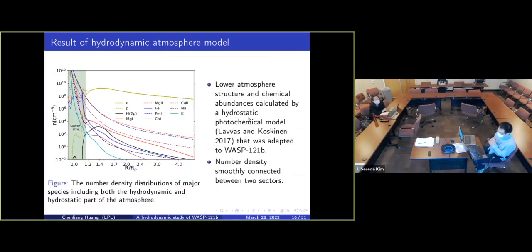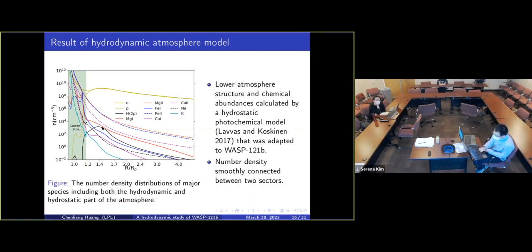Okay, we have the number densities of several important species. And now we combine the number density from the lower photochemical model and the upper hydrodynamic model. This shows the boundary of 1 microbar between the hydrostatic model and hydrodynamic model.